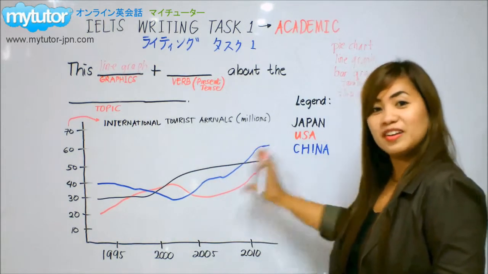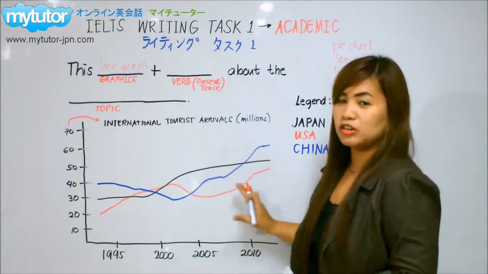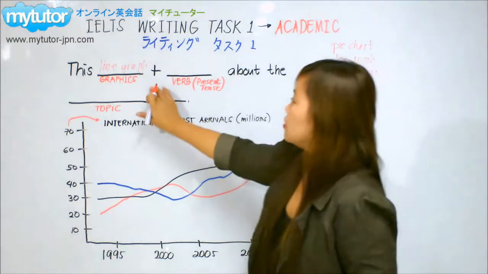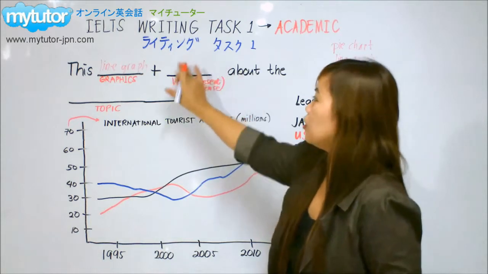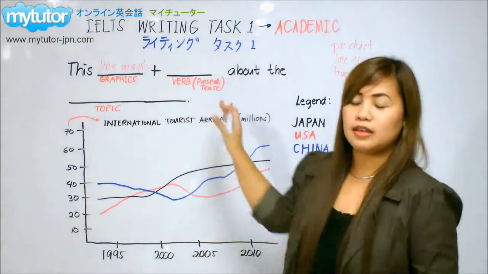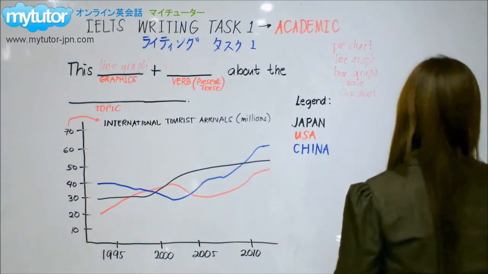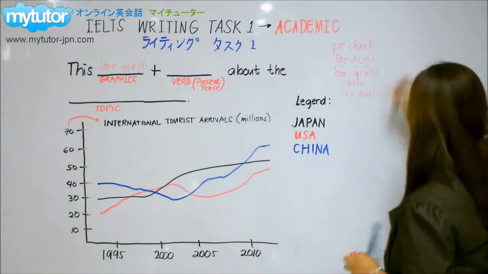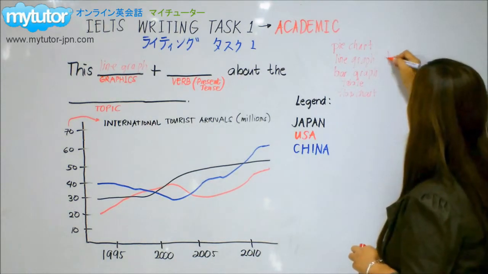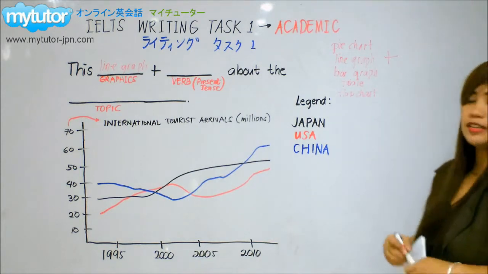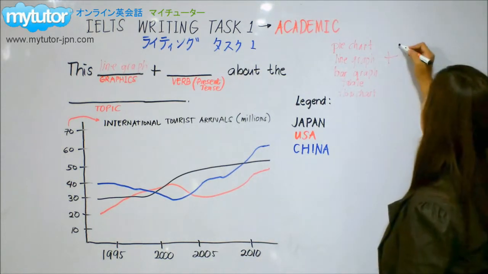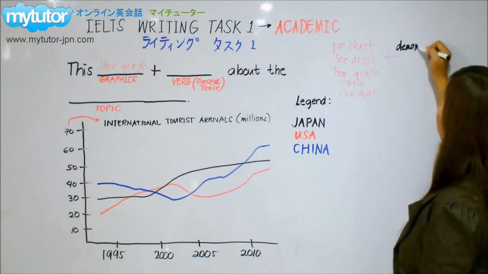Of course you already know the features, how each looks like. Plus, a verb. It should be in the present tense. So what are the appropriate verbs to use in this case? We could say demonstrates.